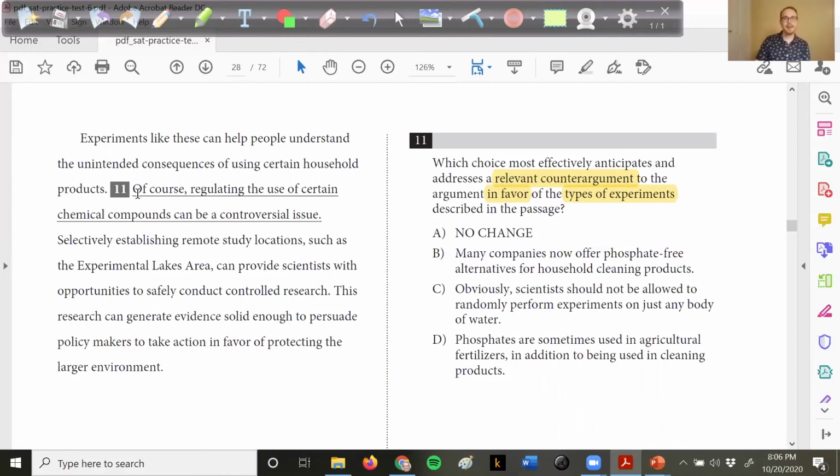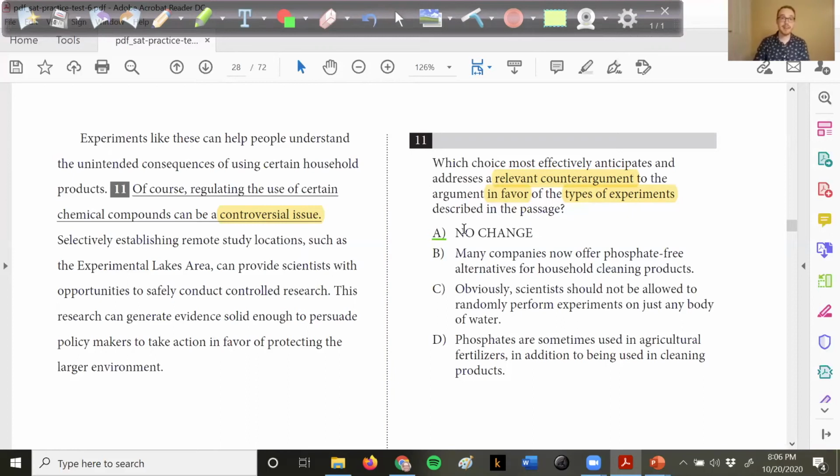Of course, regulating the use of certain chemical compounds can be a controversial issue. So that does get at some opposition. So I would mark A for now, but it doesn't actually get into what people might have against it. It just addresses the fact that people might be against it. But let's mark A for now. It's our best so far.